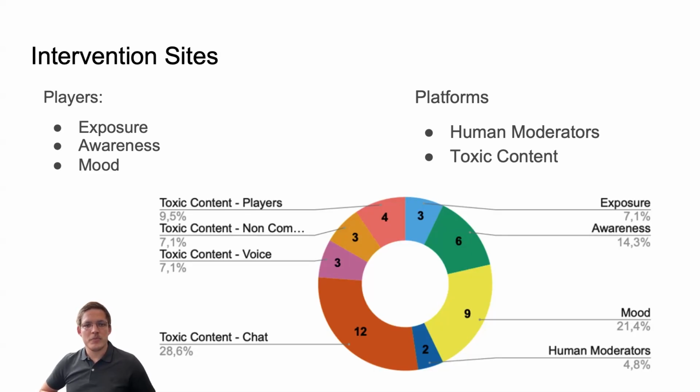From the platform side, we identified intervention systems that aid human moderators, intervention systems that act on toxic content in the chat channel, the voice channel, and non-communication channels. And lastly, we identified intervention systems that influence toxic content from players directly, for example, by preventing profanity in usernames.